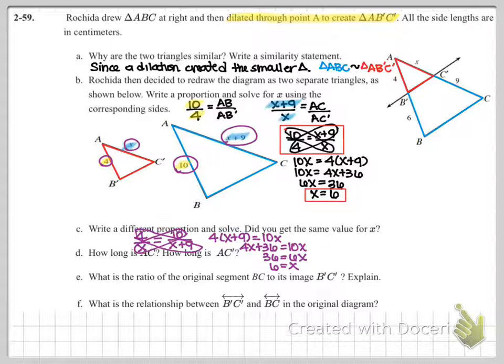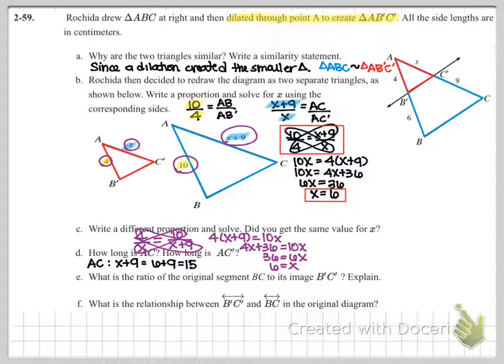How long is AC? All right, so AC was identified as x plus 9. So go ahead and plug in your x. So it looks like it's going to be 15. And I believe that this said that they're all in centimeters.